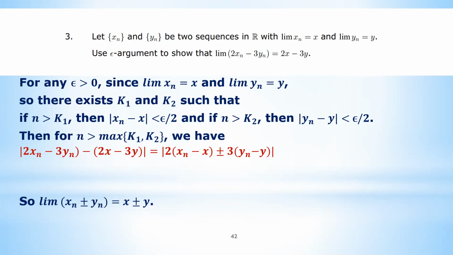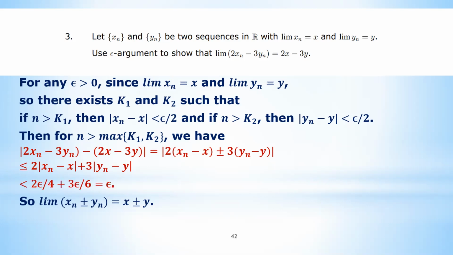The next step is to use the triangle inequality. When you use the triangle inequality, you can see that 2 and 3 are involved, but both 2 and 3 can be removed outside of the absolute value sign. So you'll get 2 times the absolute value of xn minus x plus 3 times the absolute value of yn minus y.